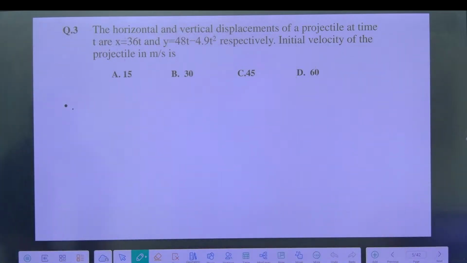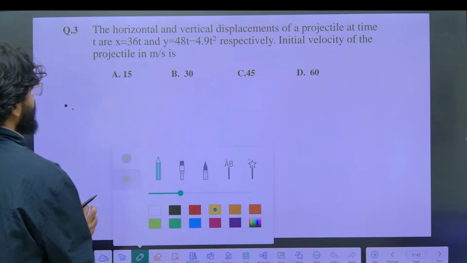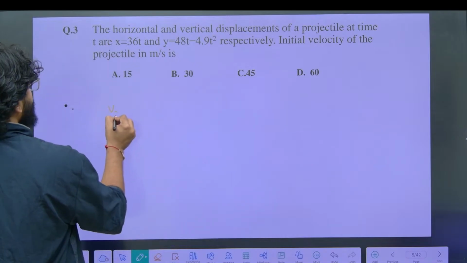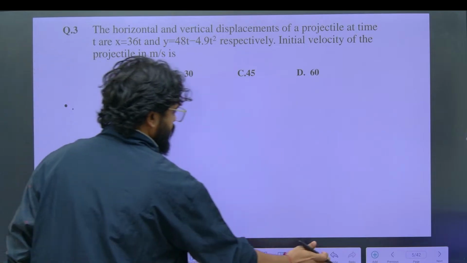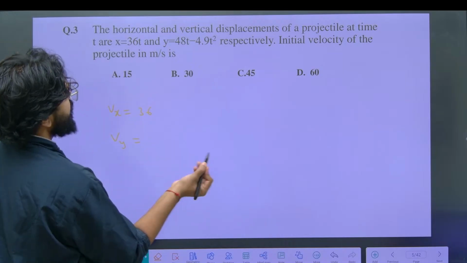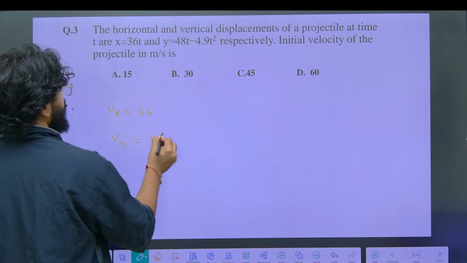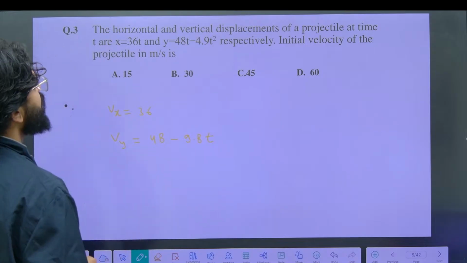Next question: the horizontal and the vertical displacements of a projectile at a time t are given. The initial velocity of the projectile motion is. Very easy question. We can calculate Vx, that is 36 only. We can calculate Vy at any time, it is 48 minus 9.8t.